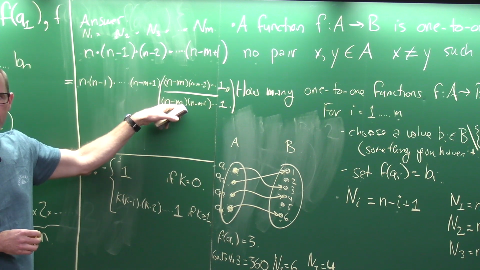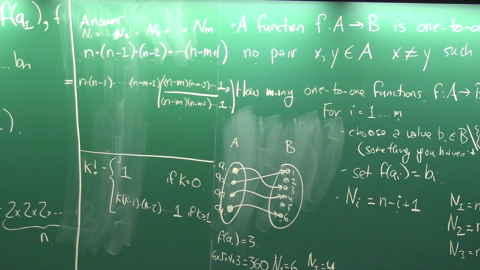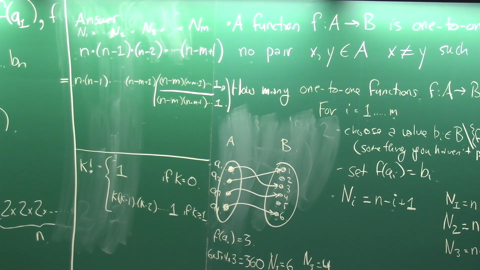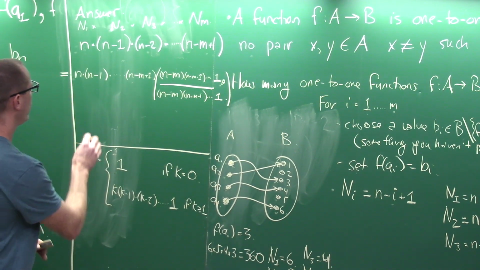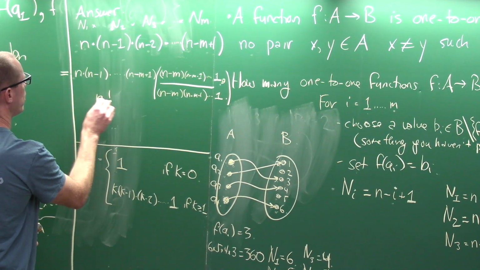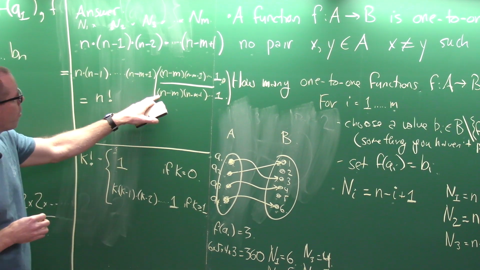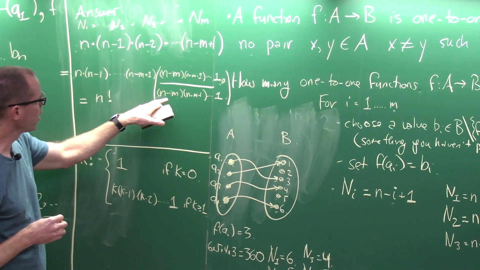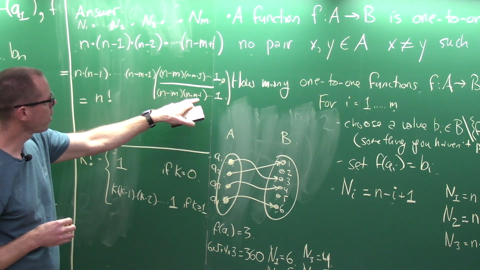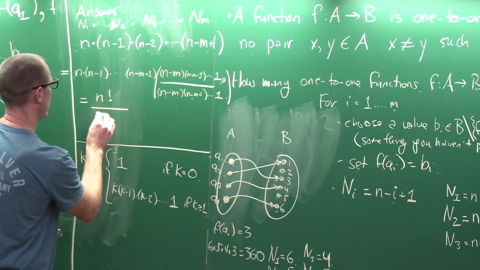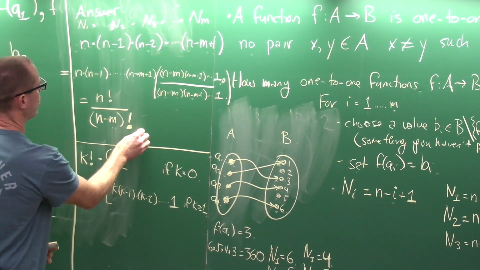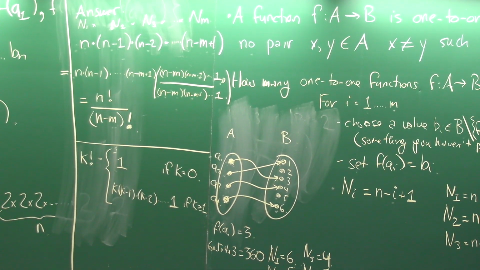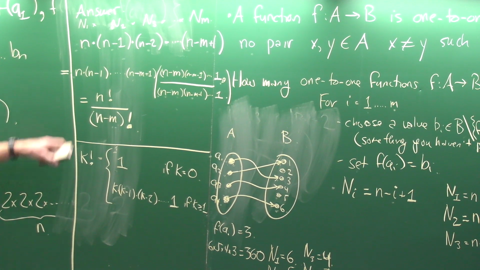This over this is just 1, right? So why would I do this? Well, I do this because the thing on top is n factorial, and the thing on the bottom is n minus m minus 1, and so on. It's n minus m factorial. So there's the concise way of writing that.